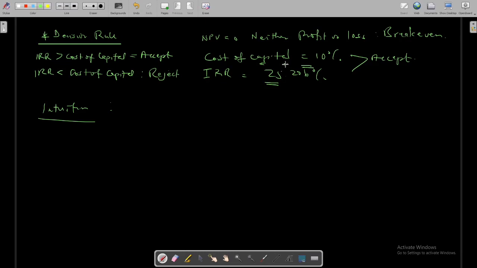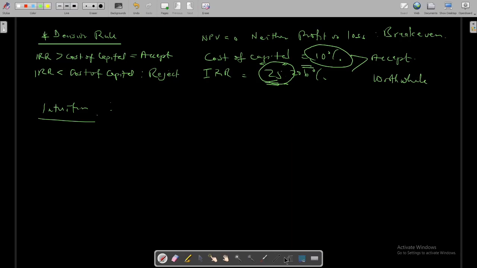So if investors require a return of 10%, and the project, even when it makes neither profit nor loss, can return 25%, it simply means that we can get the 10% that investors want and still retain 15% as excess return. Therefore, if the project can still make an excess over the cost of capital, then the project is worthwhile. That is the intuition.